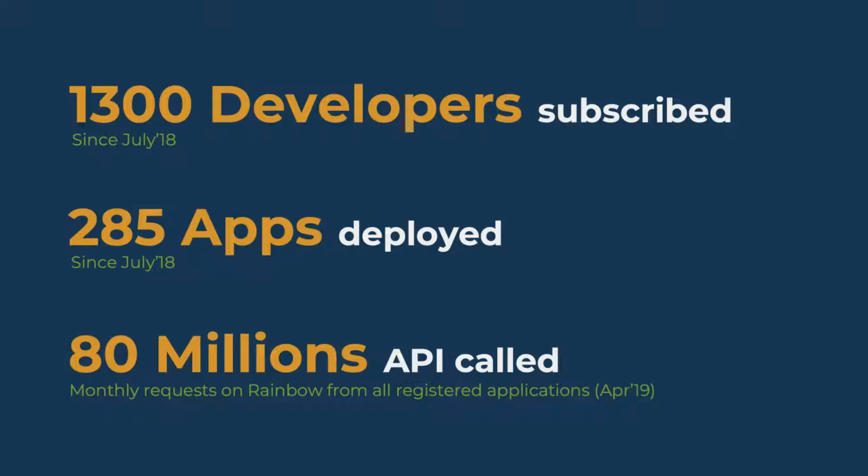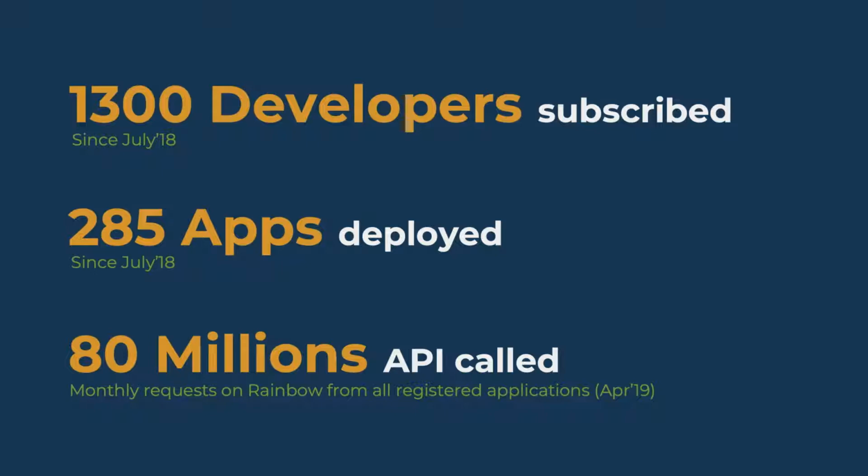And regarding applications, we are very close to reaching 300 applications deployed in 10 months. As they are deployed, all these applications are in use, and so real users can play with them.